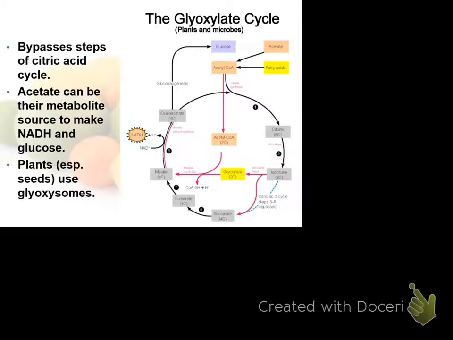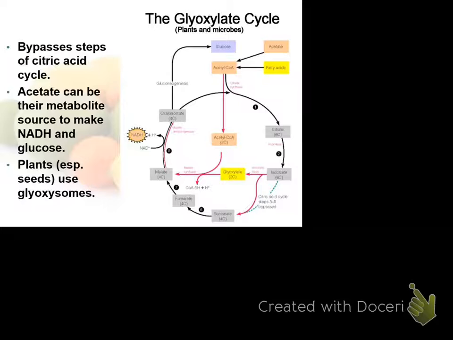Now, not every organism has to undergo all of the citric acid cycle. Especially the seeds on plants, and there are some other microbes, can use what some books call the glyoxylate shunt, some call it the cycle. And essentially, it effectively will skip over decarboxylation.